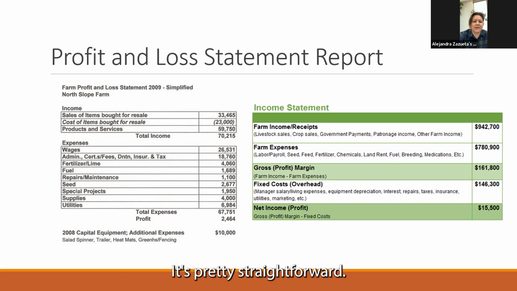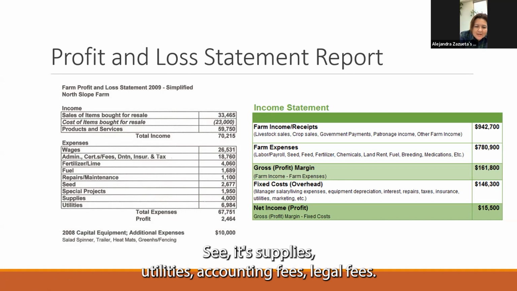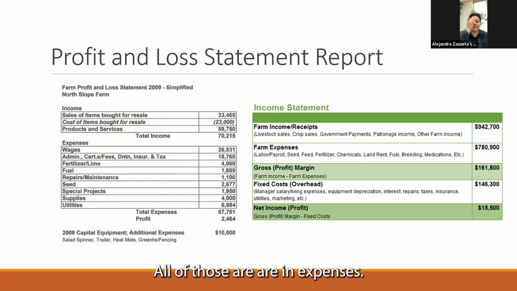It's pretty straightforward. Income minus expenses equals net profit. So your expenses include wages, let's say fuel, seeds, supplies, utilities, accounting fees, legal fees. All of those are in expenses.